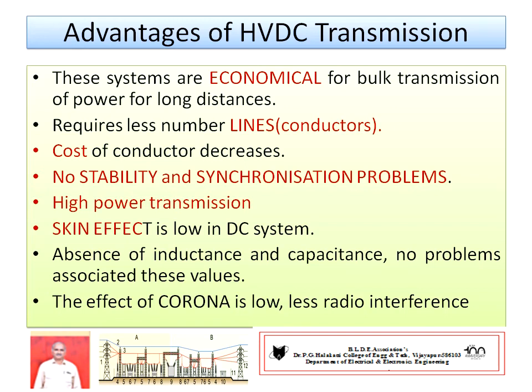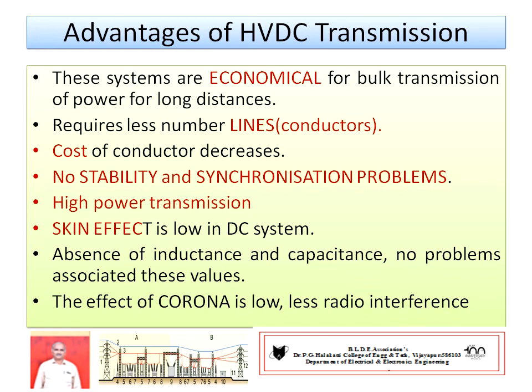Then skin effect is also low as compared to AC. The skin effect is more adverse in the case of AC systems, but in a DC system it is very low.